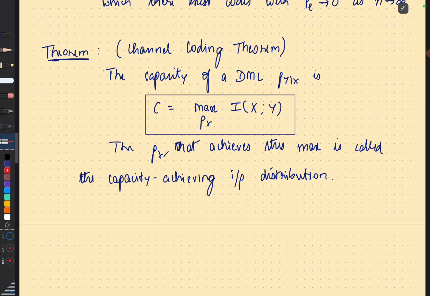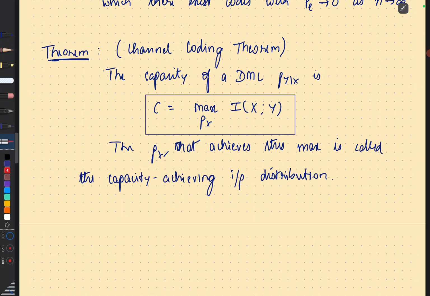Again, this is very much intuitive, just to think about it in this particular intuitive fashion. The amount of useful information that you can gather about x^n from y^n is basically I(x^n; y^n), which is n times I(x;y), roughly, because it's a discrete memoryless channel. And of course, this I(x;y) depends on the input distribution Px.